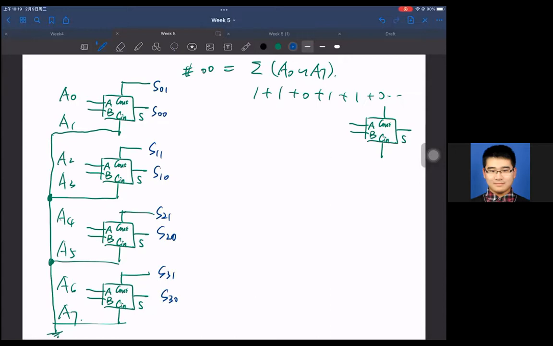Okay. So the next step, now we need to combine the 2-digit numbers into 3-digit numbers, right? So if you agree with me, we cannot produce 4 digits using addition of 2 digits. Even 11 plus 11, what we are going to get is 110.